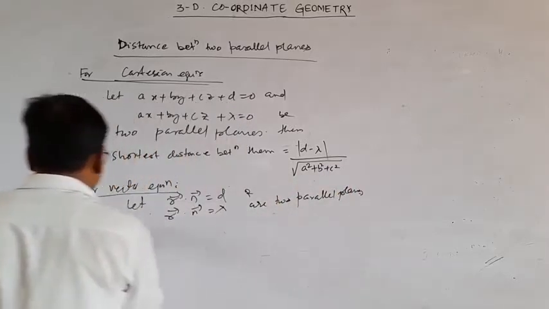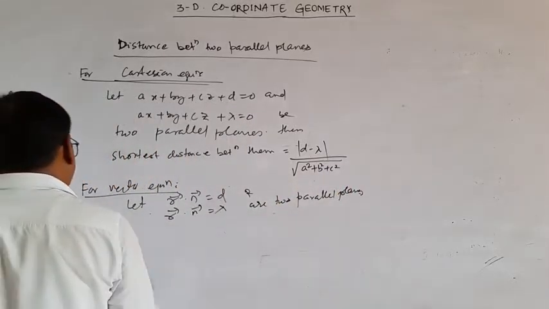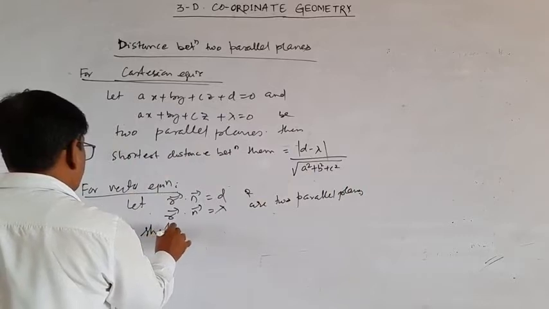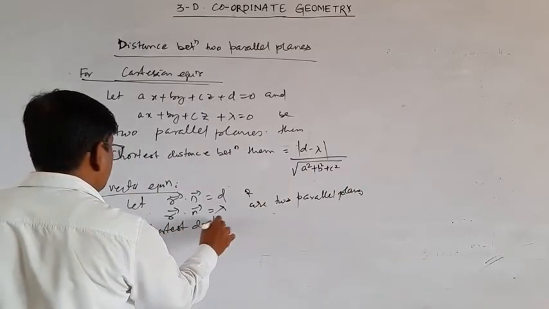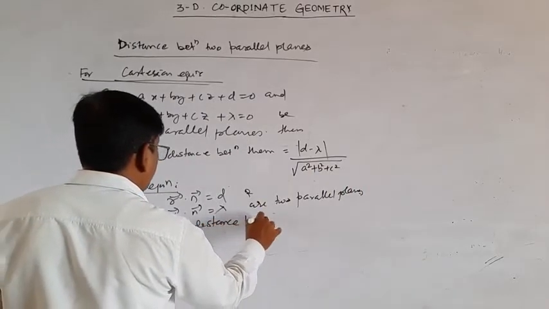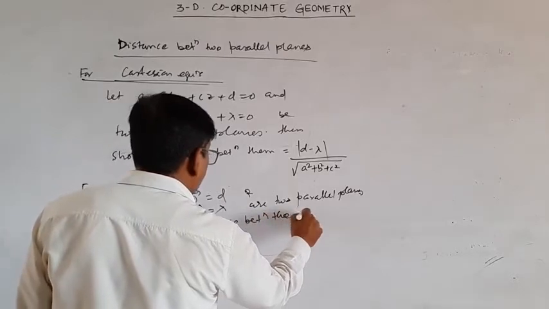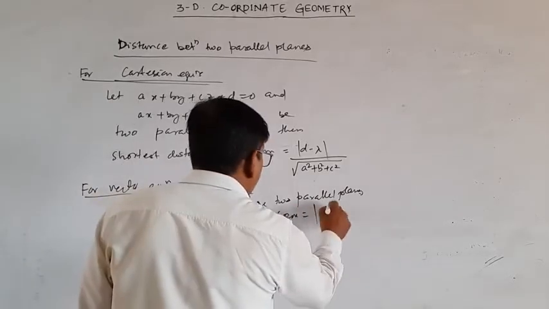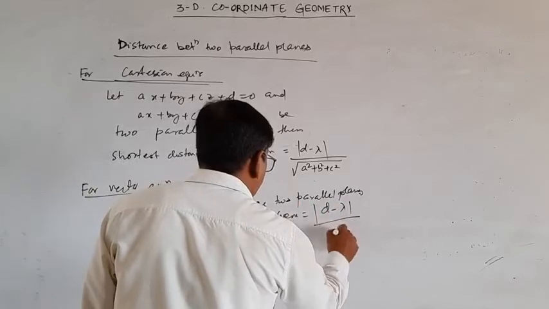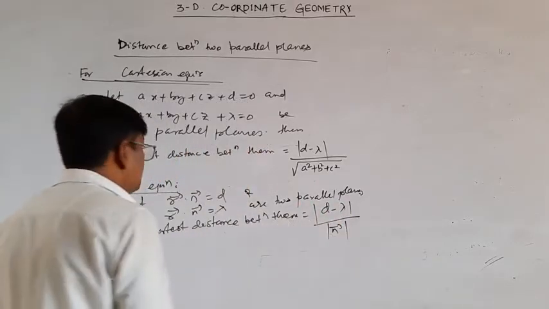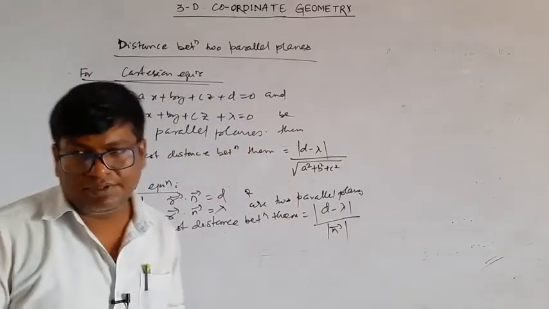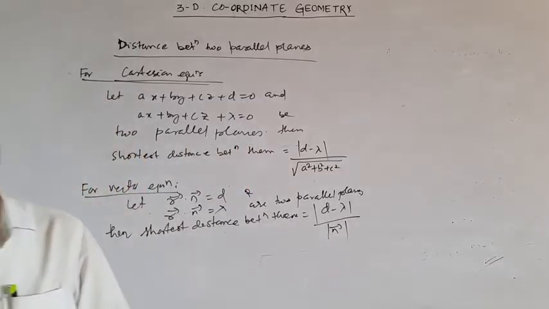Then the shortest distance between them is mod of (d minus lambda) divided by the magnitude of n vector. These are the two forms of the shortest distance between two parallel planes.